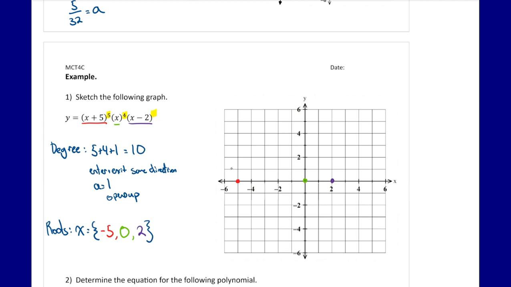So our options are either something like that or something like that. In this case, because it opens up, we know that from the coefficient, it should come across something like this. Is how it should start.